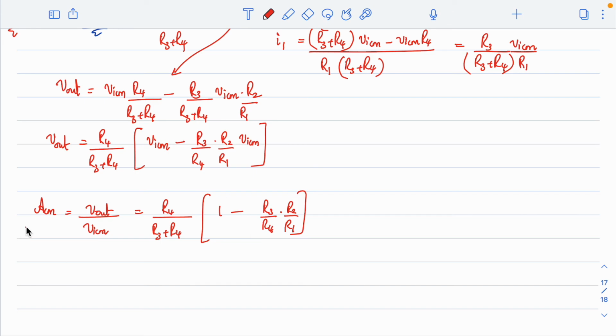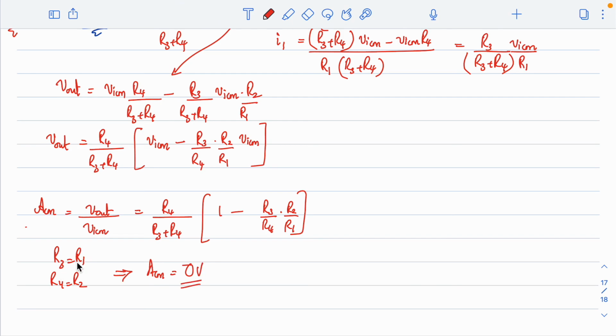So for this common mode gain, you can see that this is the expression for common mode gain, and the previous condition what we enforced for differential gain is your R3 should be equal to R1 and R4 should be equal to R2. If I have this condition, by substituting this back to this will give you an ACM value which is equal to 0, right?